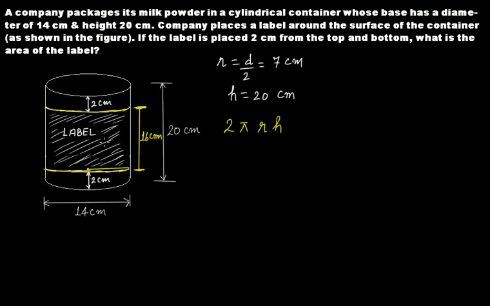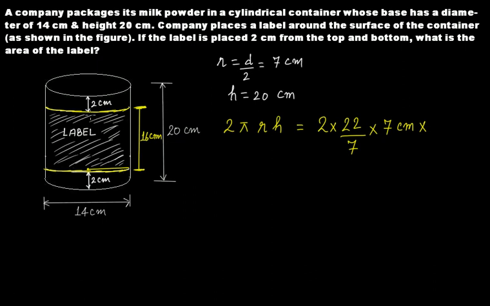In this case, the answer will be 2 multiplied by 22 by 7 multiplied by r, which is 7 centimeter, but height will not be 20 centimeter, because when you take height as 20 centimeter, then you're actually calculating the lateral surface area of this whole cylinder. We don't need the whole area.